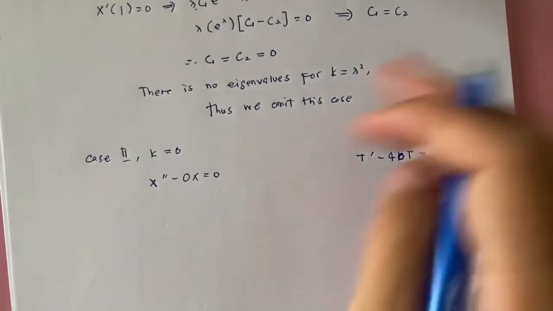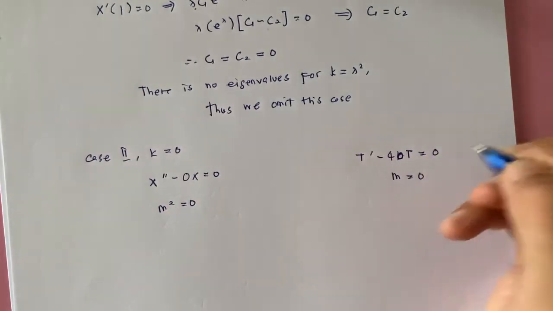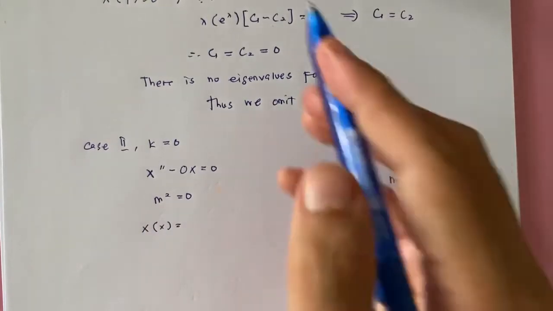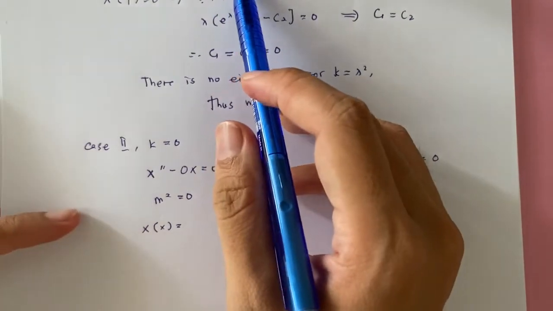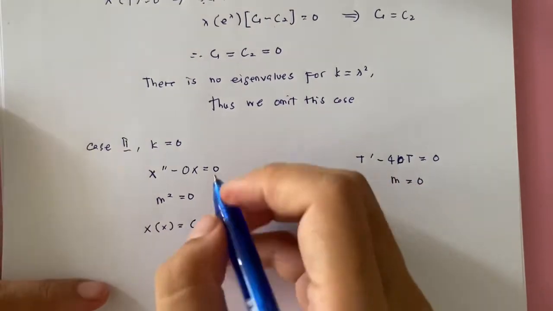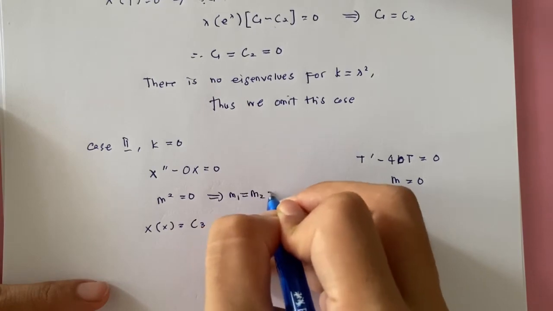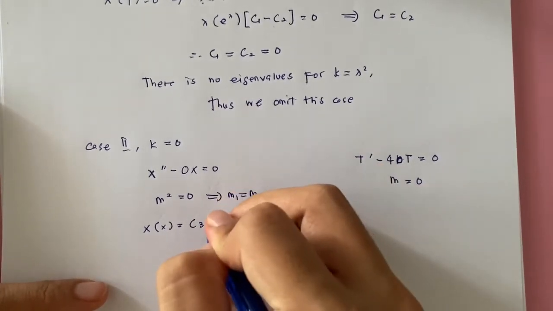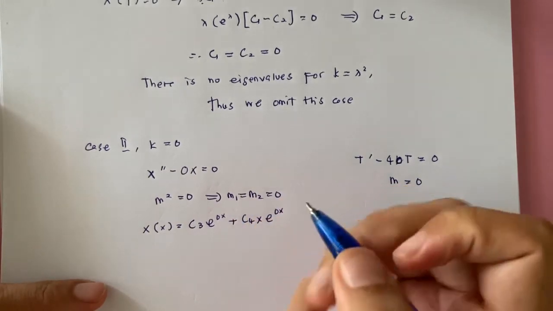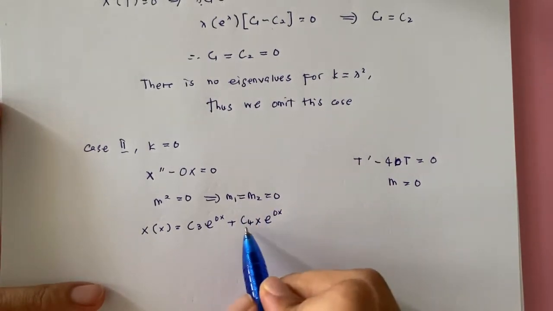Characteristic equation, m square equal to 0, and this is m equal to 0. So our x here, we stopped at c2, so we continue with c3. So m1 equal to m2 equal to 0. So c3 e^(0x) plus c4 x e^(0x). Why? Because the roots are real and repeated. So we have c4 x here.